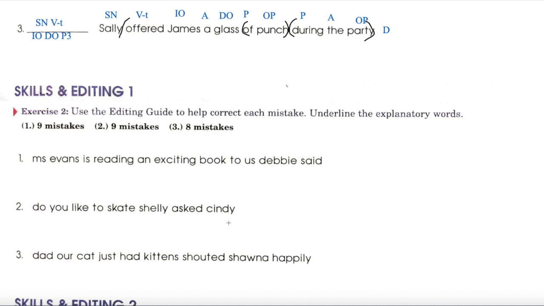All right, according to our rules, we want to first underline any end explanatory words. Miss Evans is reading an exciting book to us, Debbie said. Here are our end explanatory words. Debbie said. All right, so we did the first thing.